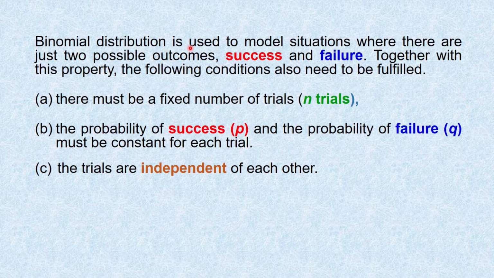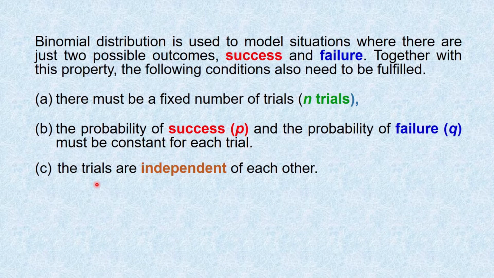Binomial distribution is used to model situations where there are two possible outcomes, either success or failure. Together with these properties, the following conditions need to be fulfilled. A, a binomial distribution must have a fixed number of trials, that is n trials. B, the probability of success for each trial is P, and the probability of failure, that is Q, must be constant for each trial.